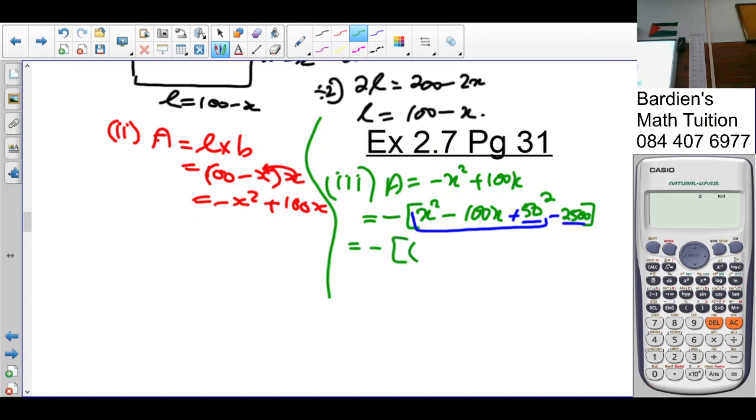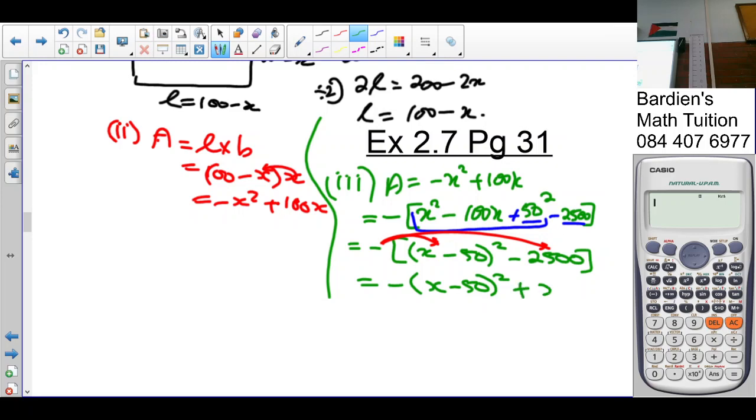So that's going to give you x minus 50 squared minus 2,500. So what do I do now? Multiply. Get rid of the brackets. So that's simply going to give us negative into x minus 50 squared plus 2,500.